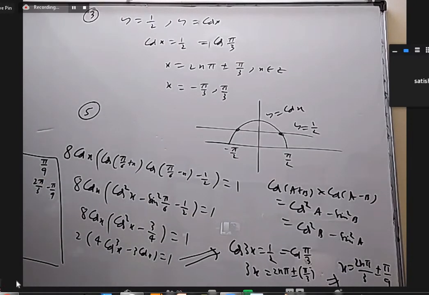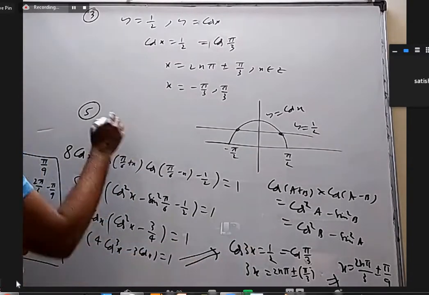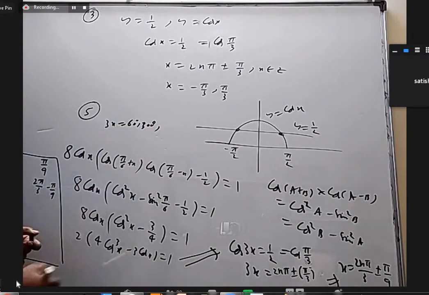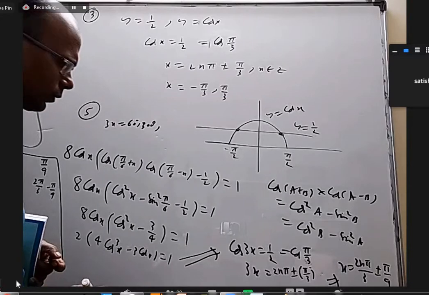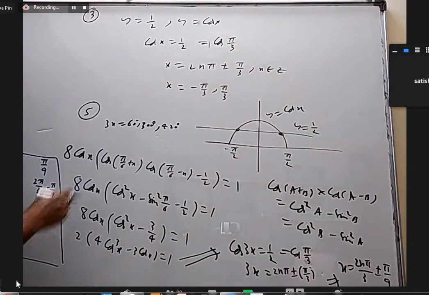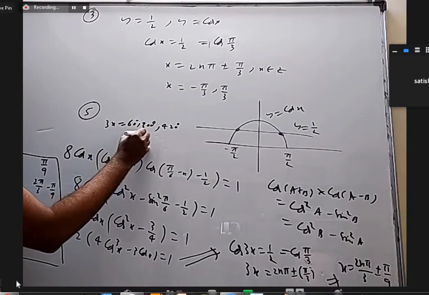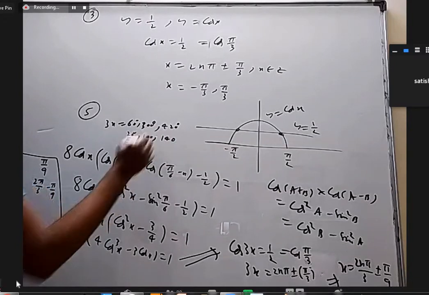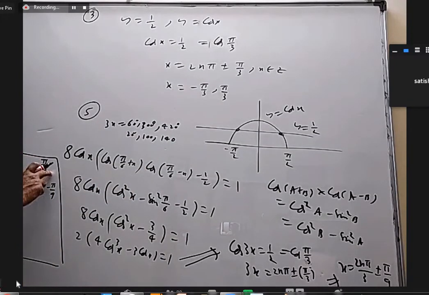That is 5 pi by 9. Directly from here, I'll get 3x equal to 60, 300, and next will be 420. If I divide, it will be 20, 100, and 140. This is pi by 9, so I think this is 5 pi by 9.